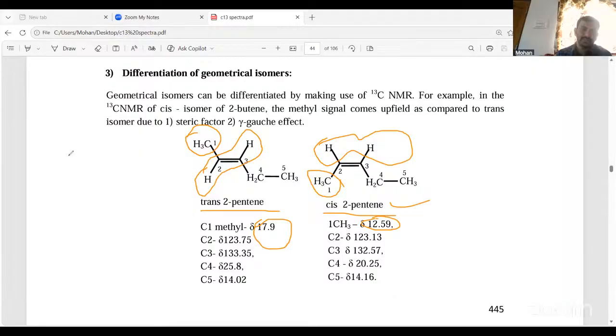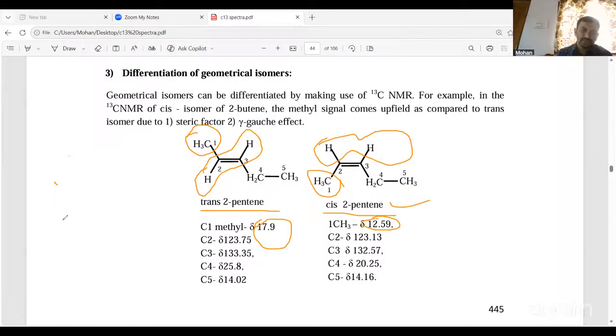Isomerism is classified based on various criteria. Based on energy, you can classify the stereoisomers into two types: conformational stereoisomers and configurational stereoisomers.